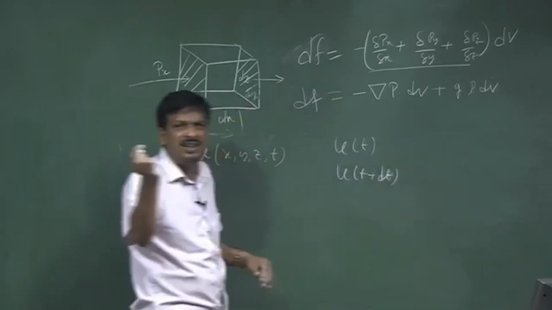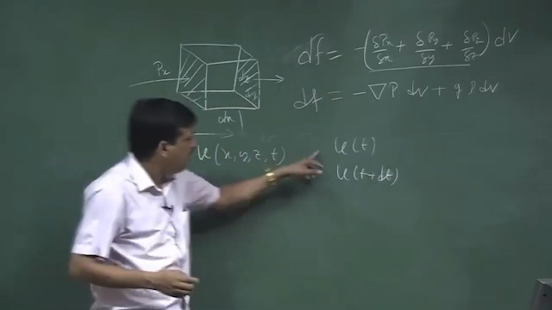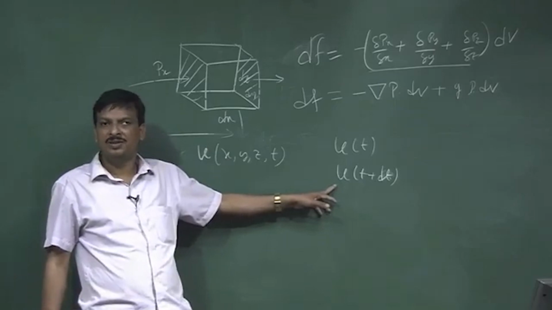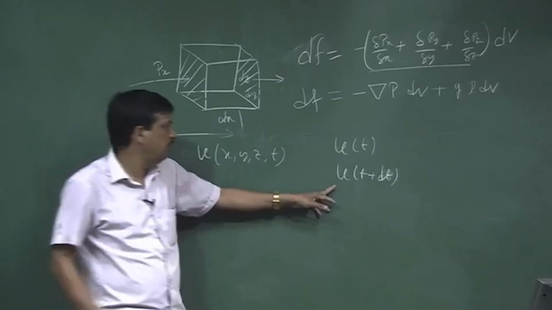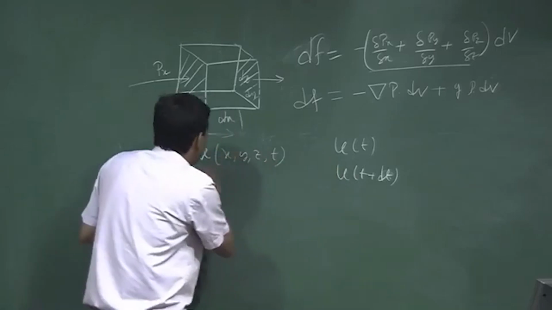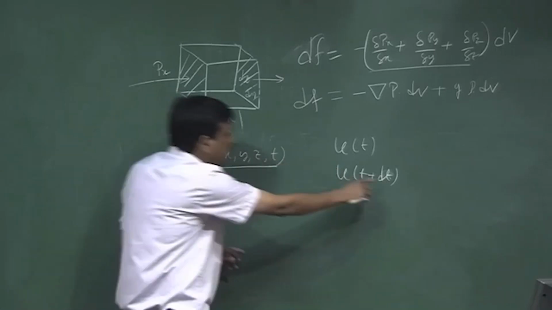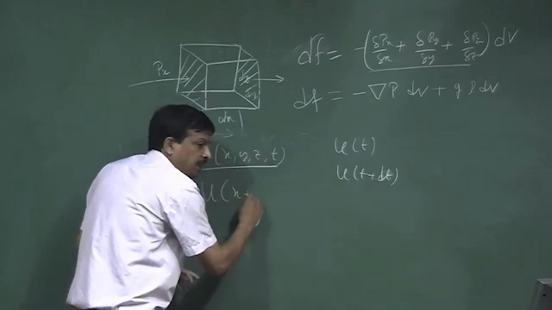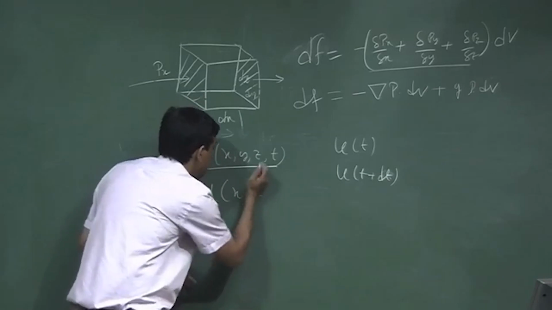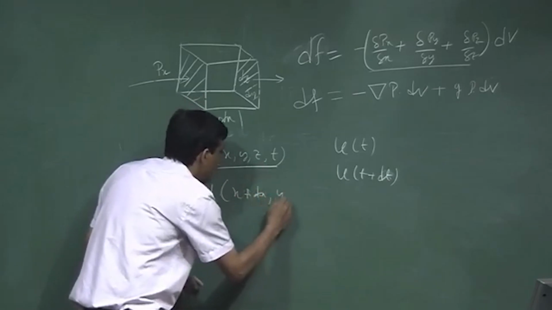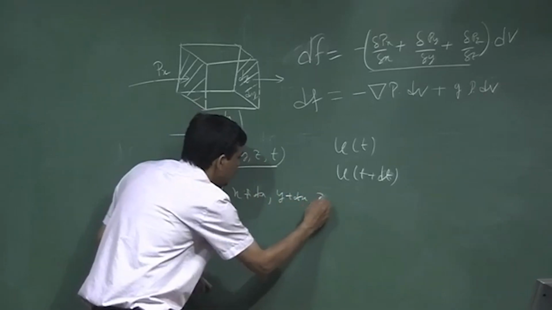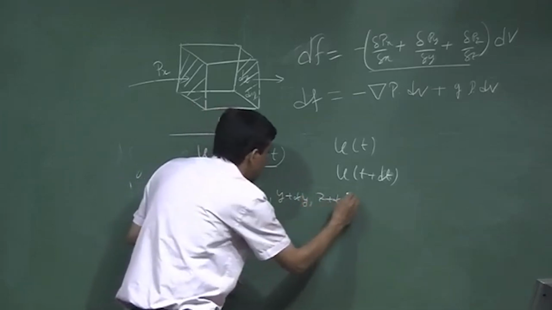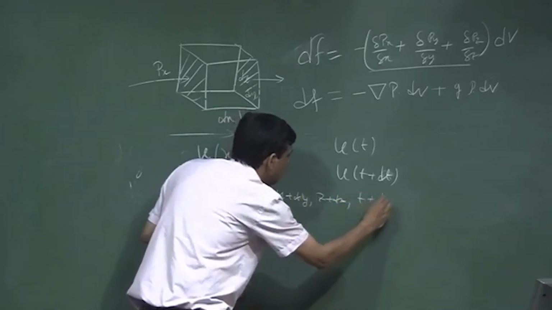After a little change of time, not only does the time change, the position of the particle also changes. So if this is my initial u at t, after dt time I will get a particle velocity which is u at x plus dx, y plus dy, z plus dz and t plus dt.